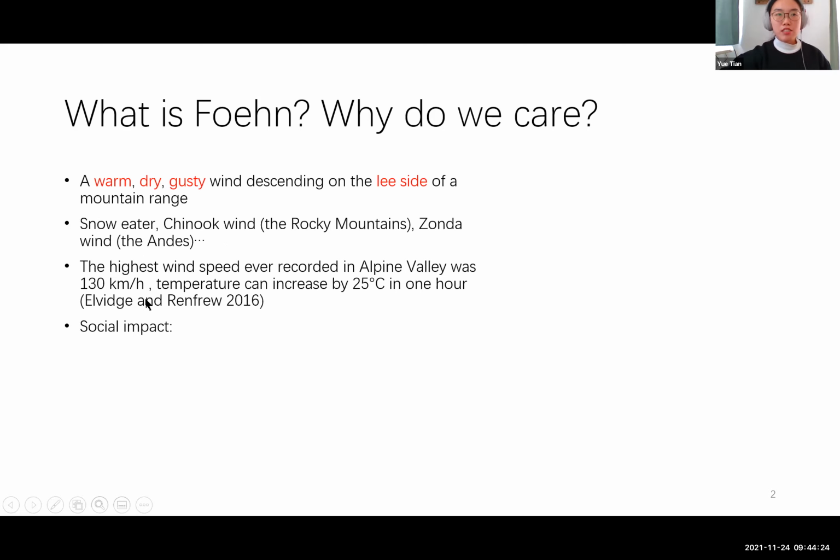And in history, the highest wind speed ever recorded in an Alpine valley was 130 kilometers per hour, and the temperature can increase by up to 25 degrees Celsius in just 1 hour. So with these extreme wind speeds and temperatures, you may imagine the social impacts.